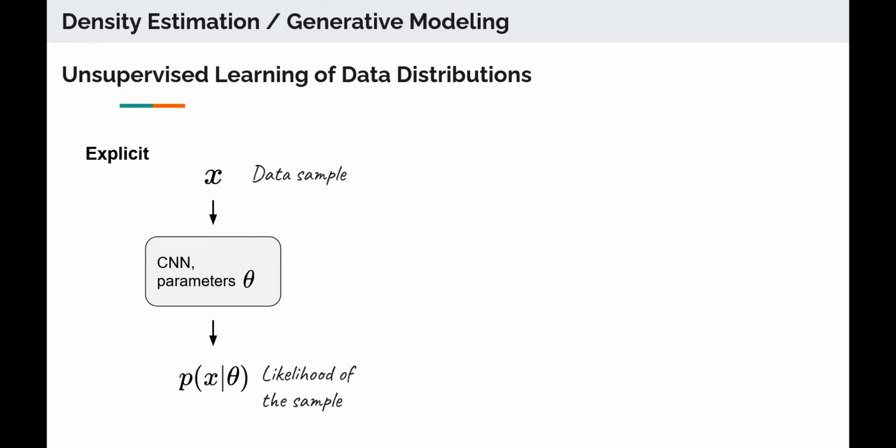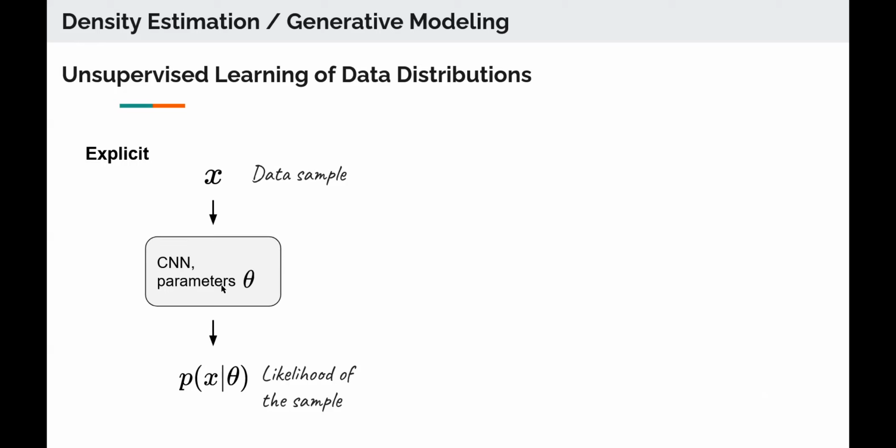Now, we are going to look at two ways of doing distribution learning, an explicit way and an implicit way. So what do we mean by this? In the explicit way, we want a model, a CNN because the class is about CNNs.